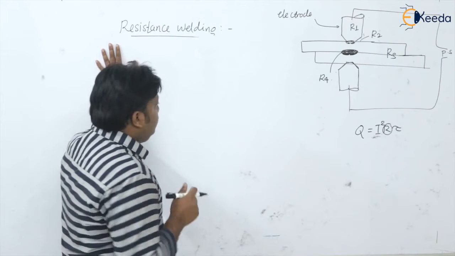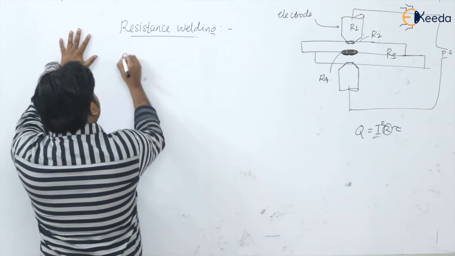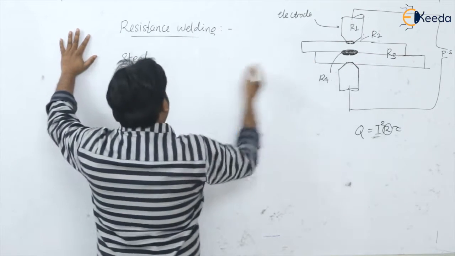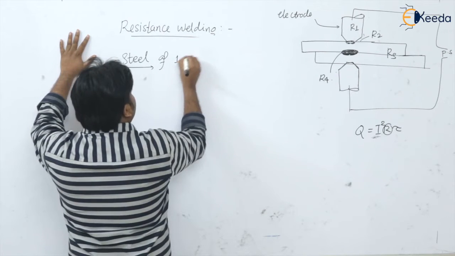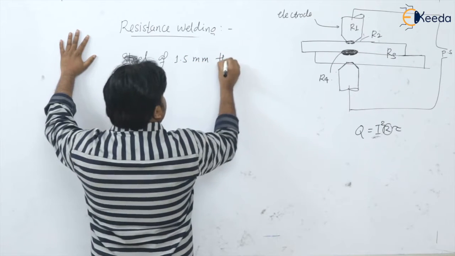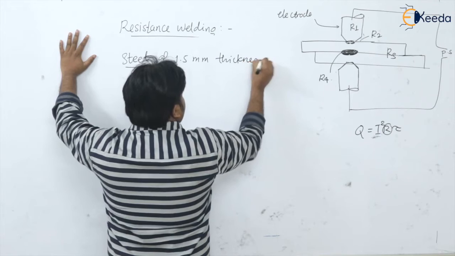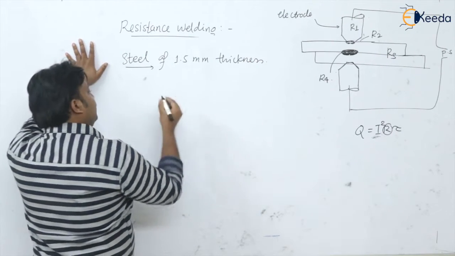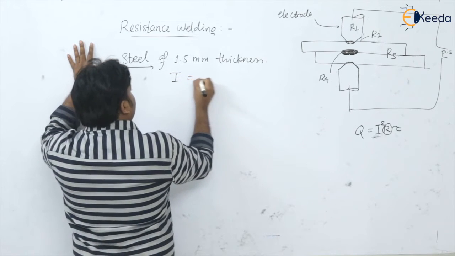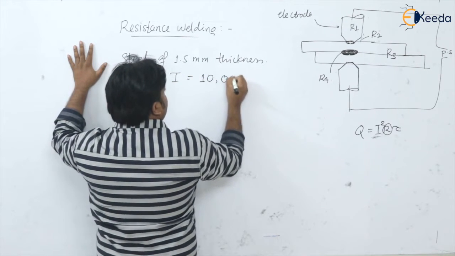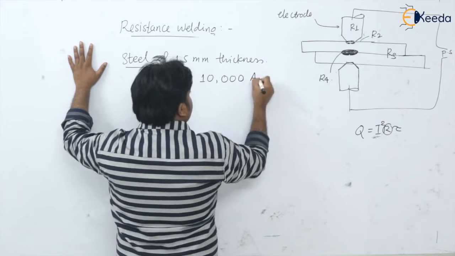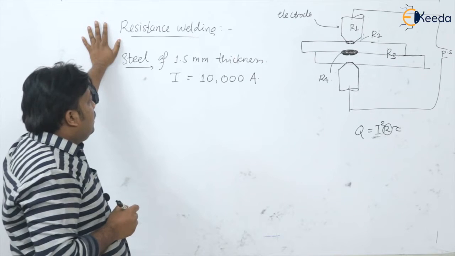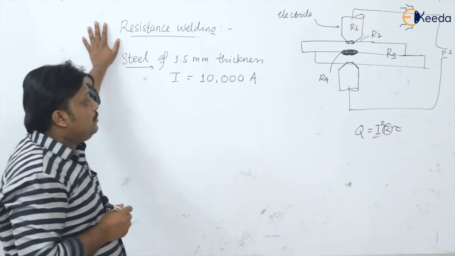So if I take steel plates of 1.5 mm thickness, then to join these plates by resistance welding we have to use a current of 10,000 amperes. Okay, this is the standard one for steel. So a very huge amperage is required.